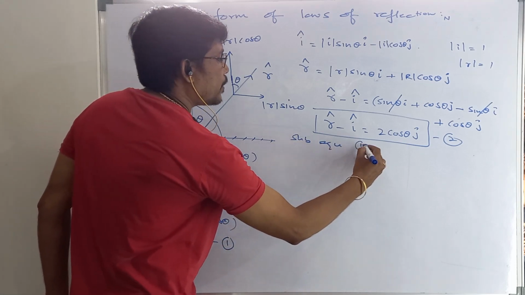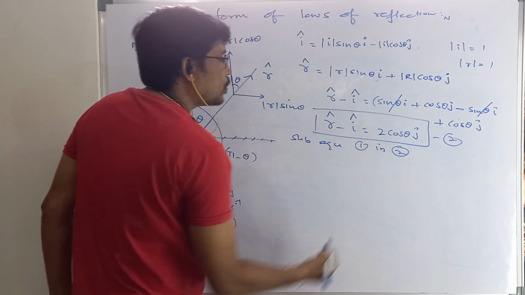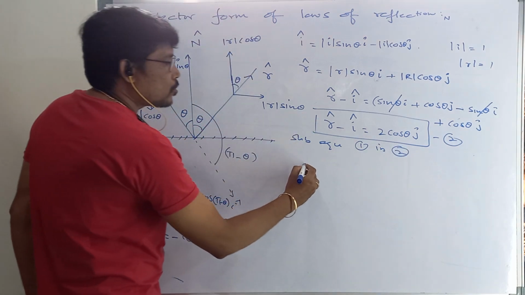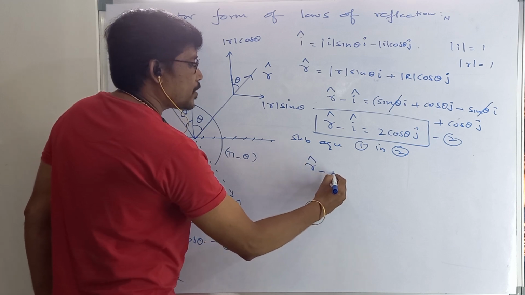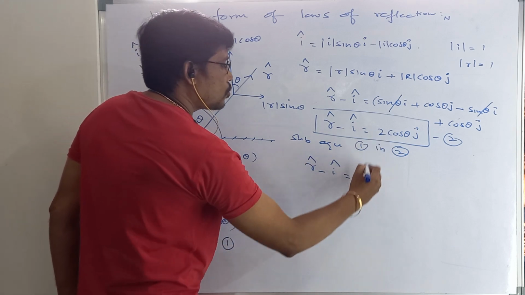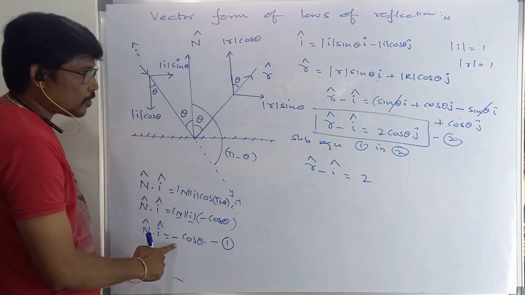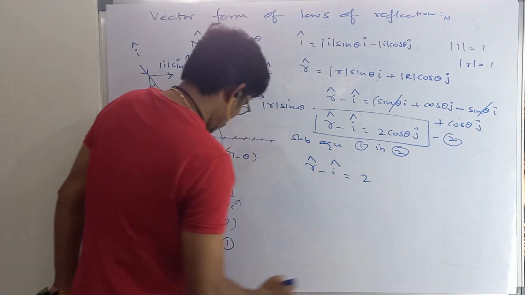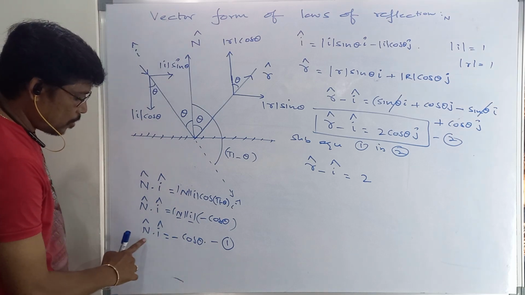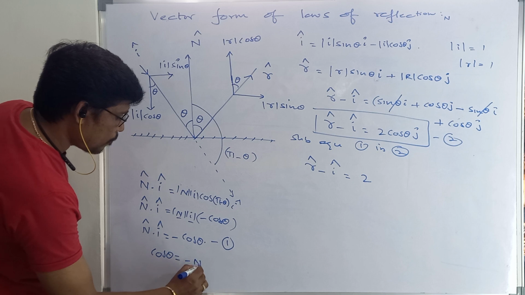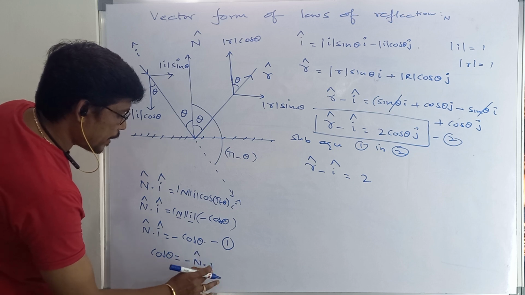equation 1 in 2. If you substitute equation 1 in 2, so r cap minus I cap is equal to 2. Instead of cos theta, what can you write? Cos theta is equal to minus of n cap dot I cap.